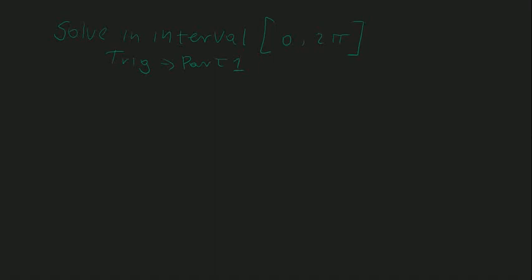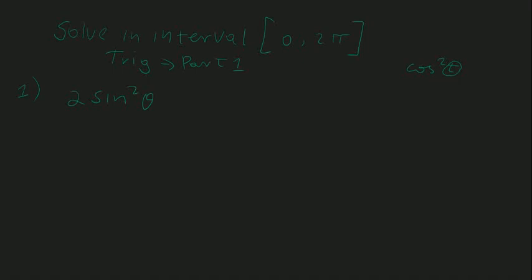So let's say you were given 2 sine square angle. We did cos square t before, right? So t is now representing this angle. You can say anything, but something has to come after sine or cosine.